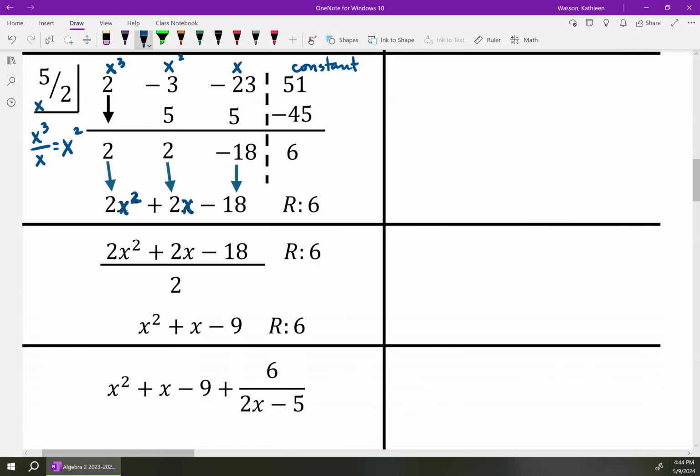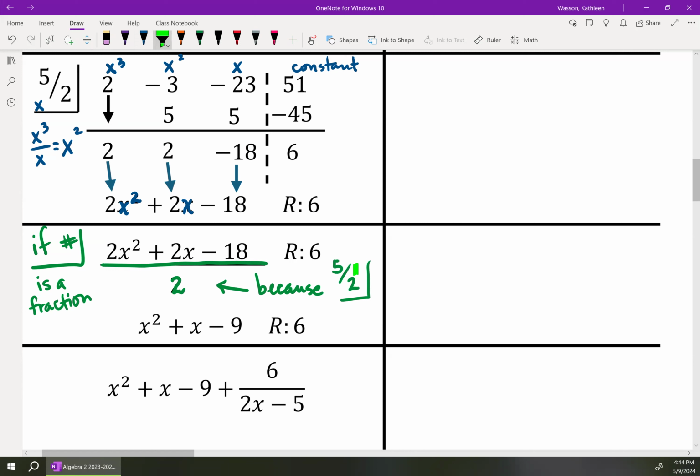Because the number I was multiplying by from my divisor is a fraction, if the number on the shelf is a fraction, then we will simplify the result by dividing by the denominator. This is because on the shelf we had 5/2.